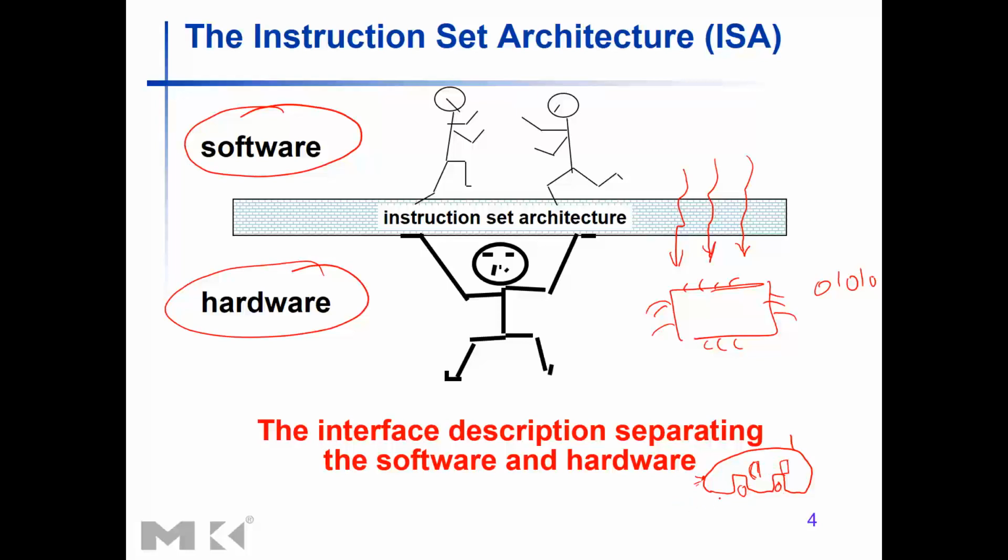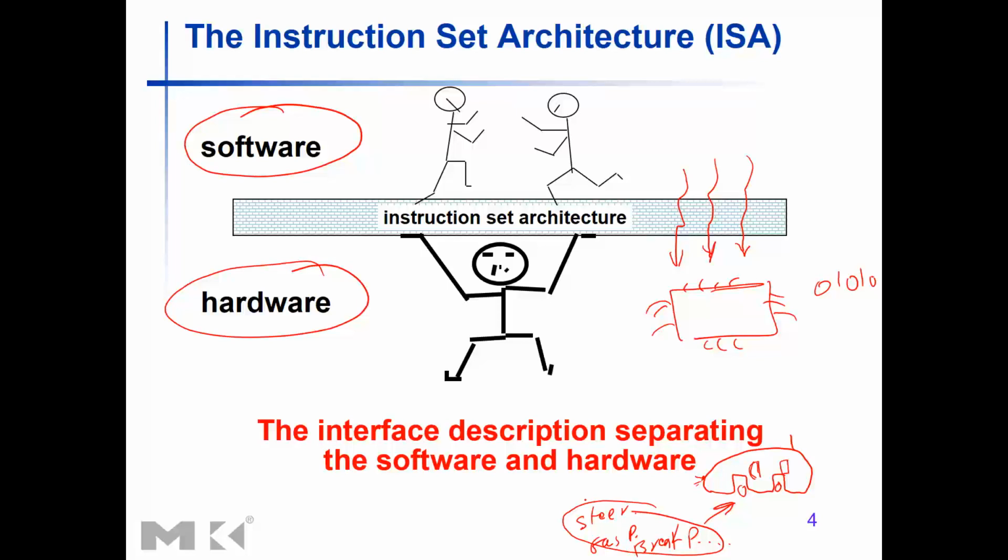We need a steering wheel, a gas pedal, a brake pedal, etc. These are the knobs that allow the driver to operate the vehicle.